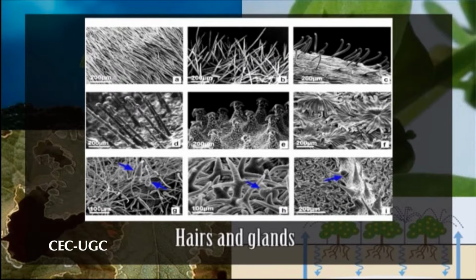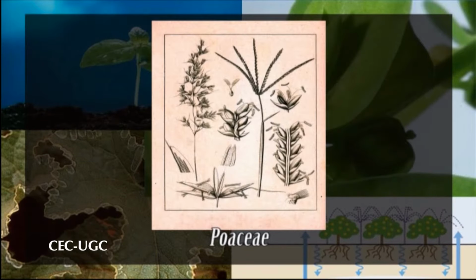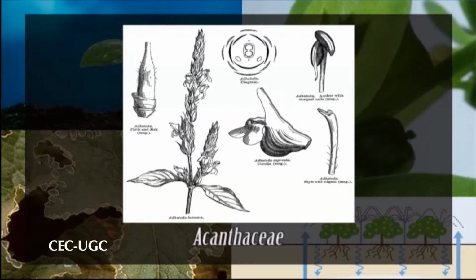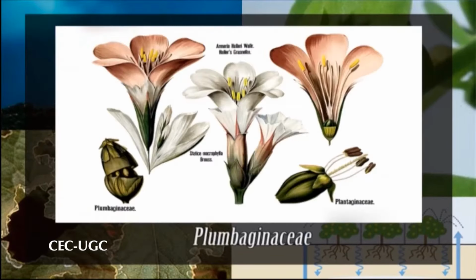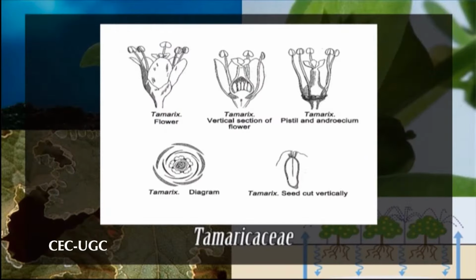At leaf level, there are certain appendages which help the plant to secrete excess salt from the main body. Most important among these are salt secretory trichomes, for example, in Atriplex. The second type is multicellular salt glands, which occur in many desert and coastal habitat flowering plants and are confined to members of families including Poaceae, Acanthaceae, Frankeniaceae, Plumbaginaceae, and others.